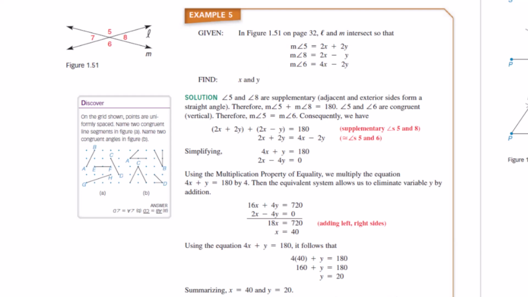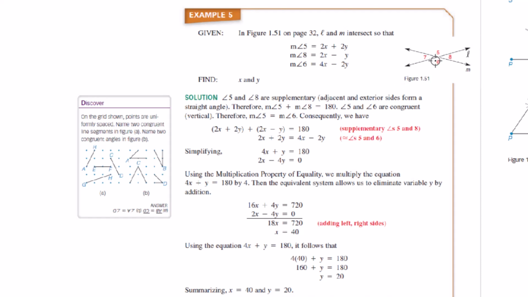If angle 5 is 2x plus 2y and angle 6 is 4x minus 2y, we know that those two are equal. So we could start there. We could set those 2 expressions equal to one another. So 2x plus 2y is equal to 4x minus 2y.